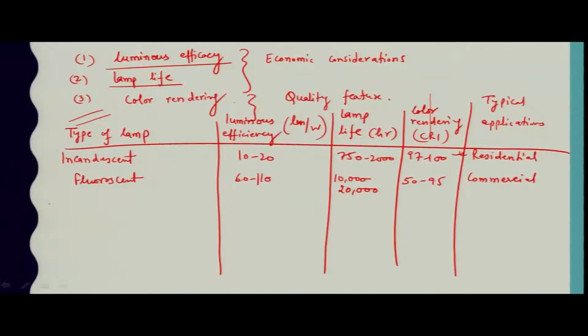And high pressure mercury lamp, its luminous efficacy is 150 to 110, its lamp life is 3000 to 20,000, its color rendering is from 65 to 95, and it is used for industrial as well as commercial purposes.